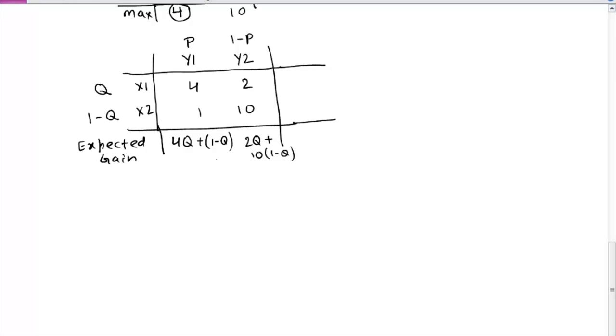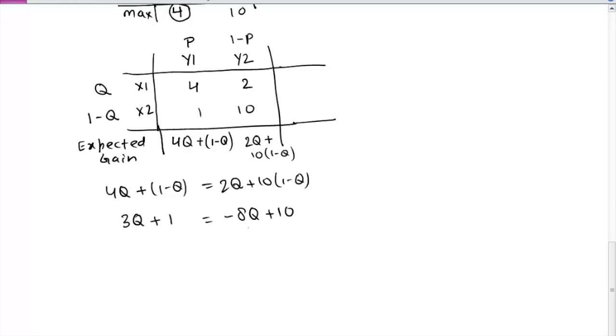So now if we equate the two, what we are going to get here is 4Q plus 1 minus Q equals 2Q plus 10 times 1 minus Q. Basically we are trying to figure out the value of Q. If you simplify this, you get 4Q minus Q is 3Q plus 1, and on the other side you get negative 8Q plus 10.